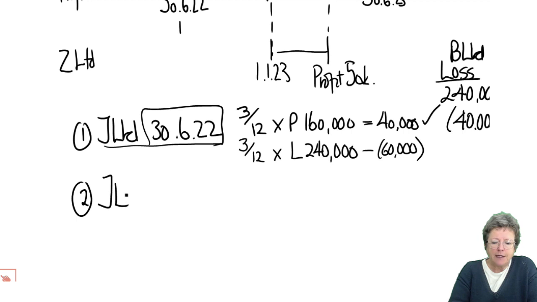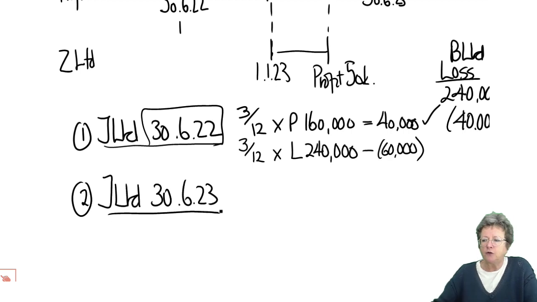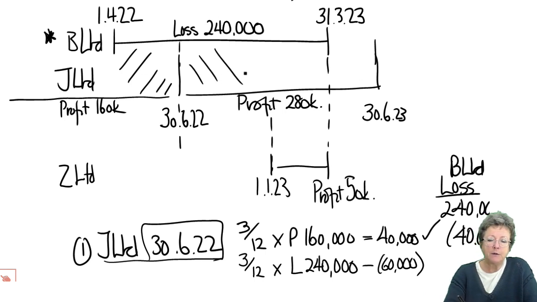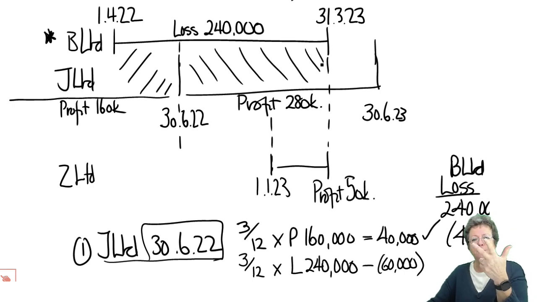J Limited's accounts to the 30th of June 23. Let's have a look at our drawing. Now, this period is 9 months long. July, August, September, October, November, December, January, February, March. 9 months.